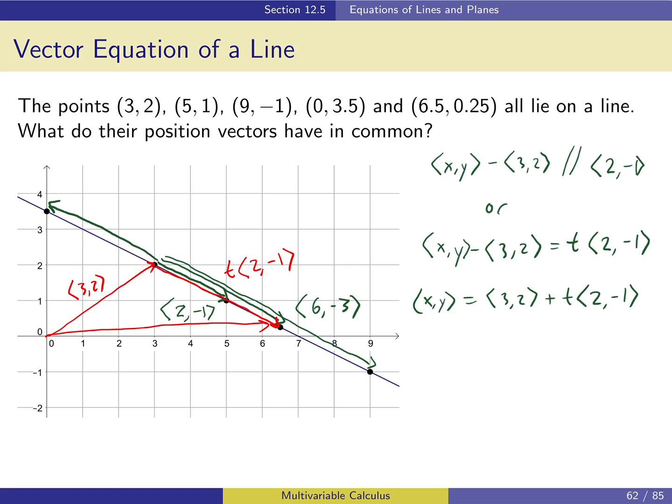Remember, when we add these two vectors, we put them head to tail, and then we go from the beginning point all the way to the end point. And so this is the position vector <6.5, 0.25>. By picking different values of t, we travel different distances along the line. With a negative value of t, we could even go backwards along the line to get this position vector. The idea is that by choosing the right t, we can get any point we want on this line.